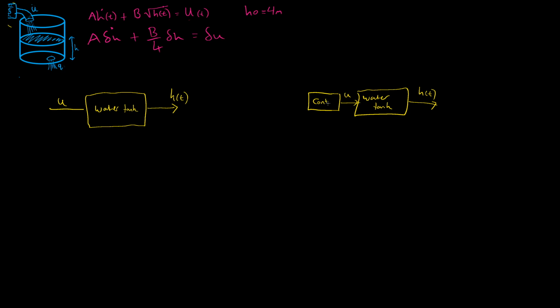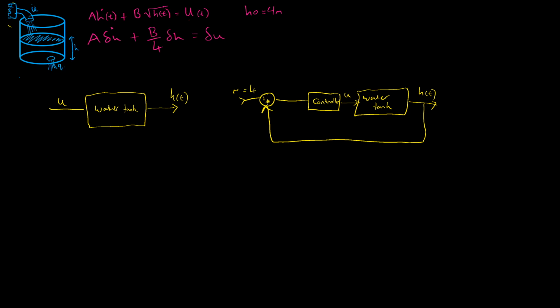So we might have our controller here. And what we can do is we can feed the height that we're measuring back in as an input of the controller, and we can sum it with some reference value. So the reference value is usually the desired height, or the thing you want.